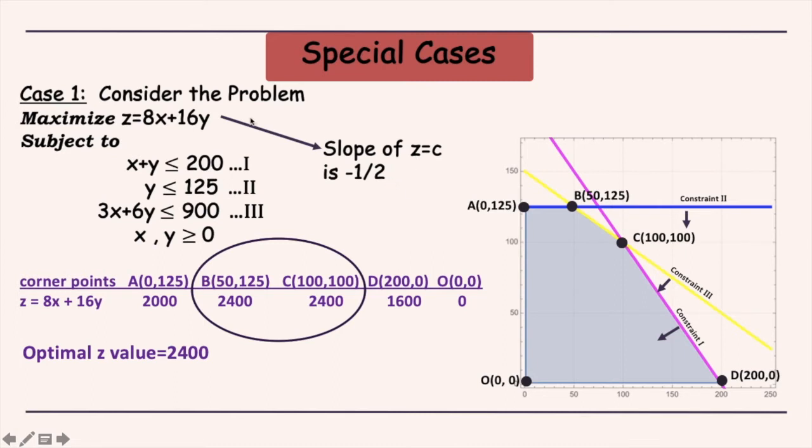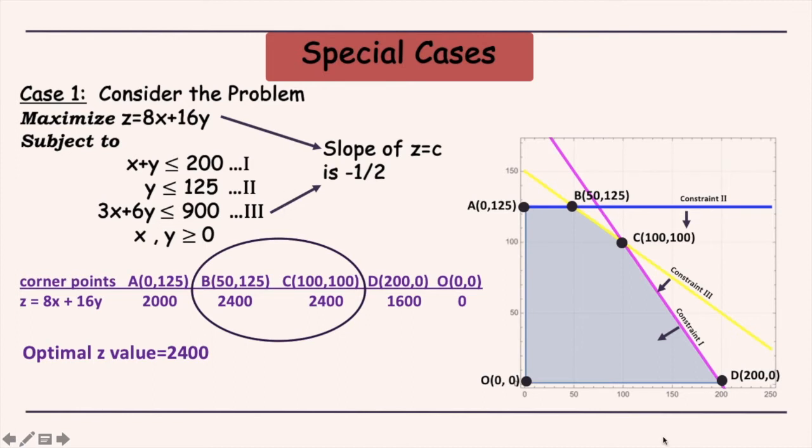We can see from the expression for the objective function that when I equate this z to some constant c, the slope comes out to be minus half, and the same corresponds to the boundary line given by the third constraint. If I see the slope of the line 3x plus 6y equals 900, that is also minus half. So what do I notice here, that the slope of one of these constraints which forms the boundary is identical to the slope of the objective function.